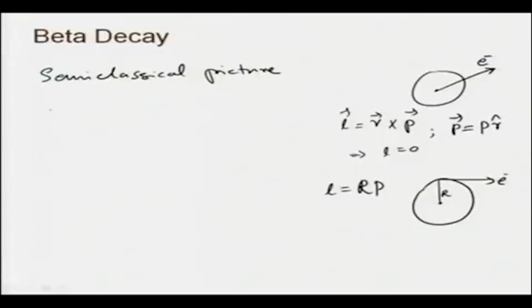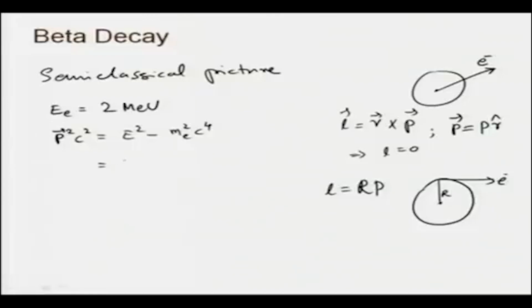So, let us consider the energy of the electron, say 1 or 2 MeV. So, let us consider a 2 MeV electron. Okay. So, we have the energy momentum relation which says p squared c squared is equal to E squared minus m_e squared c to the power 4, right.